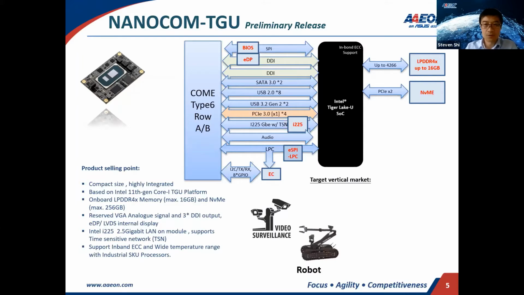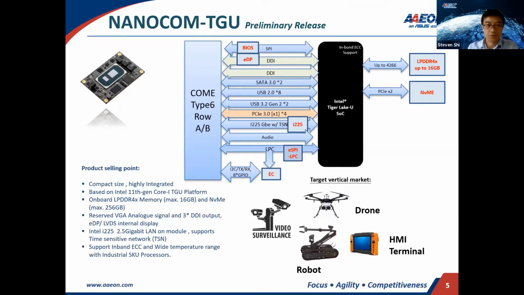But if we look at the applications and target vertical markets, because of the size, the Type-10 module is mainly used for applications like smart cameras, video surveillance, or even video streaming capture and analytics, and also robots and even drones, with the small module integrated.